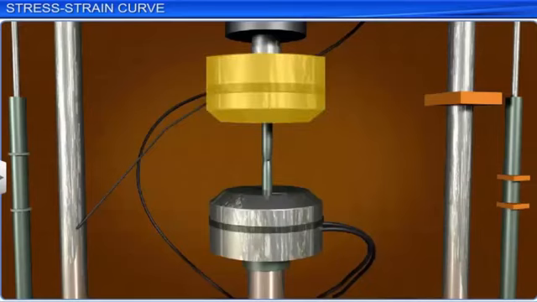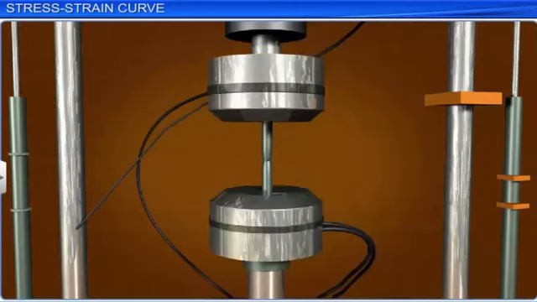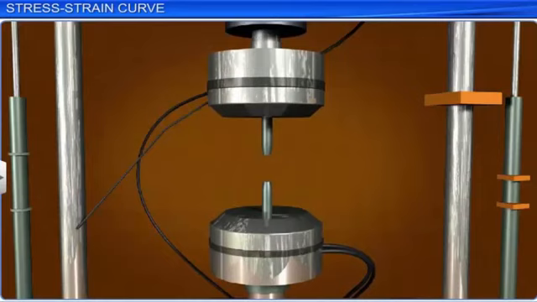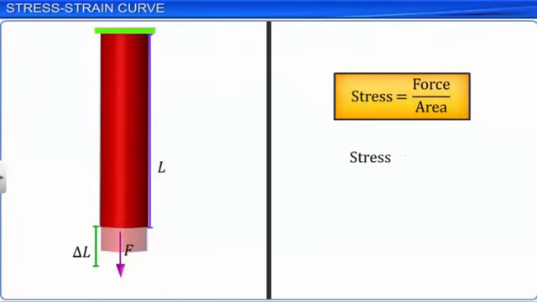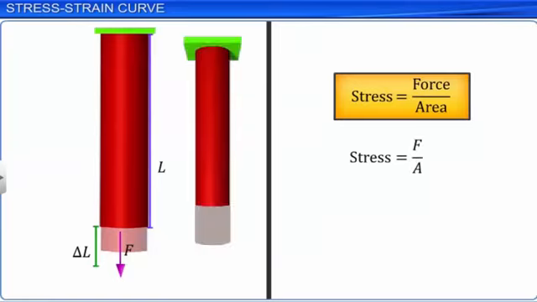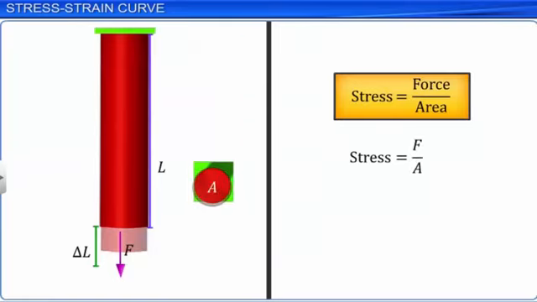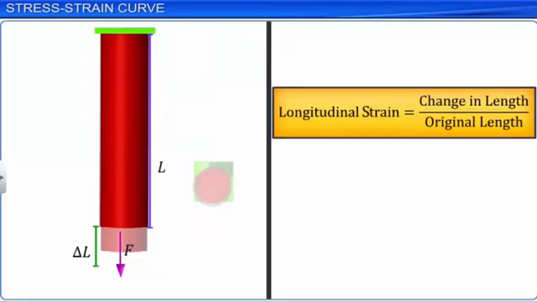The stress is calculated by dividing the load F by the original area of cross-section A of the rod. The strain is calculated by dividing the elongation delta L by the original length L of the rod. A typical stress-strain graph is shown.